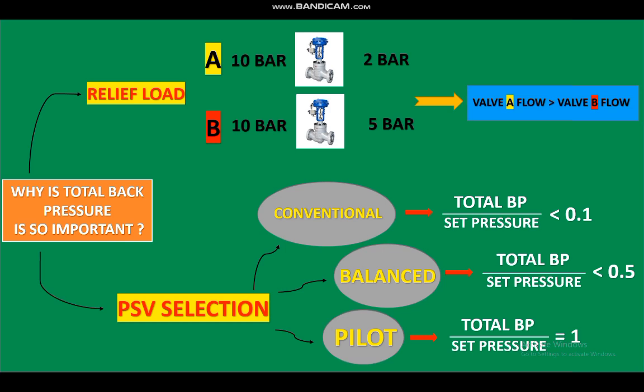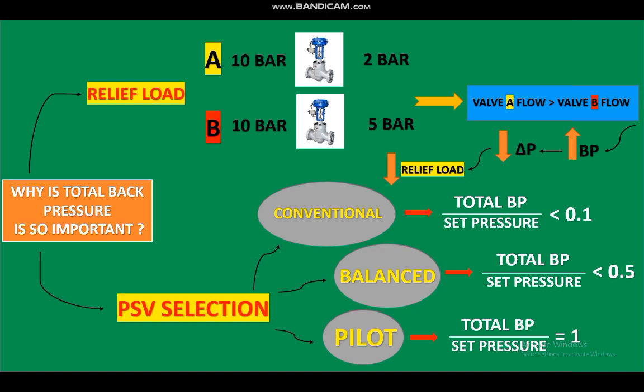Because the pressure drop from 10 to 2 bar is larger, and the larger pressure drop results in higher flow rate. The same principle applies to PSVs. As total back pressure increases, the pressure difference across the PSV decreases, which in turn reduces the amount of fluid that can be discharged. That's why total back pressure is important.